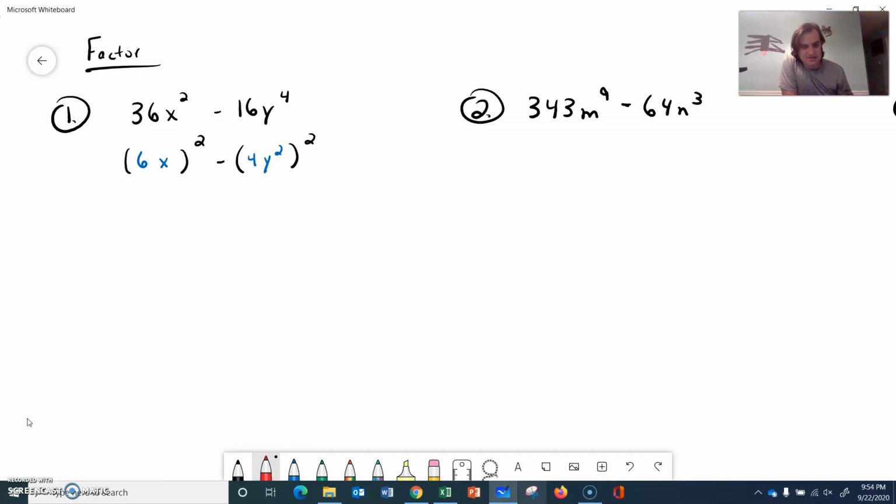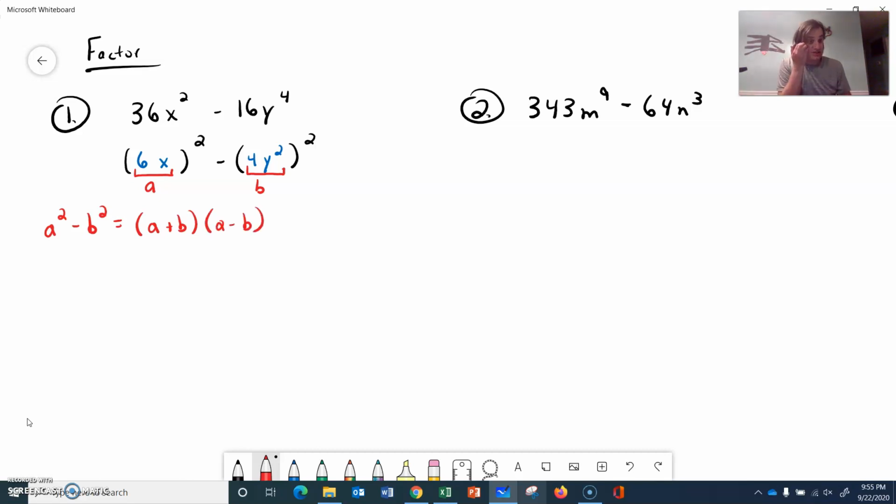So in this situation, I have an a, and I'll write the formula out in a moment, of 6x, and a b of 4y squared. So I have an a squared minus b squared. Now that formula is a squared minus b squared equals a plus b times a minus b.